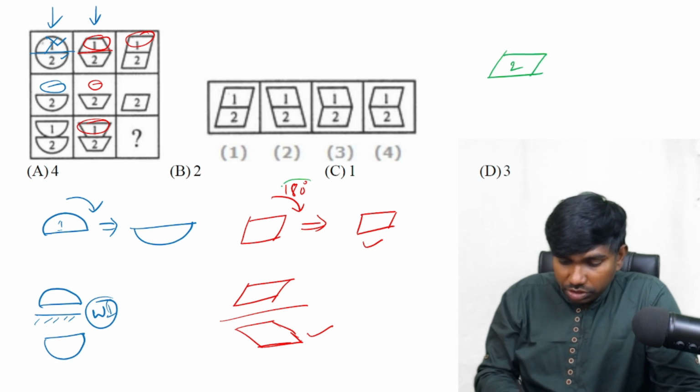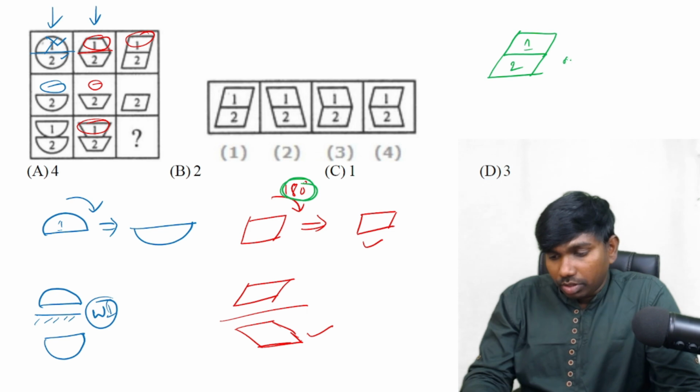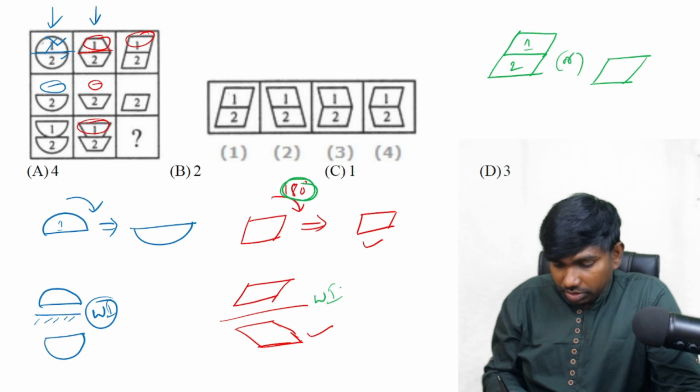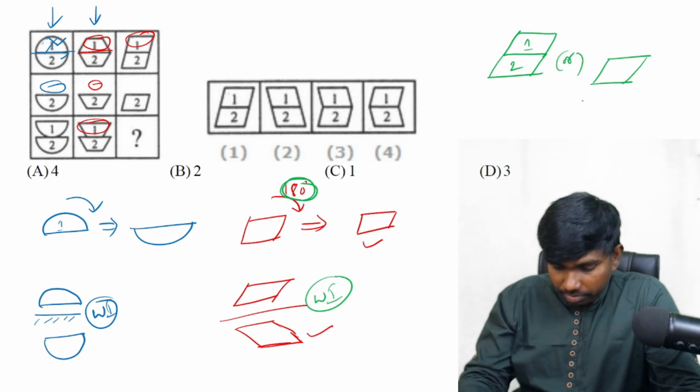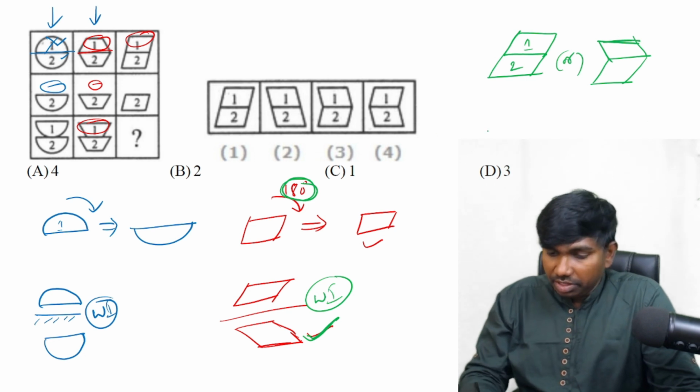If you have used the 180 degree clockwise logic, you should keep the same figure here on the top, figure 1, or this is figure 2. And if you apply the logic of water image, this figure must be on the top. So which is there in our options?